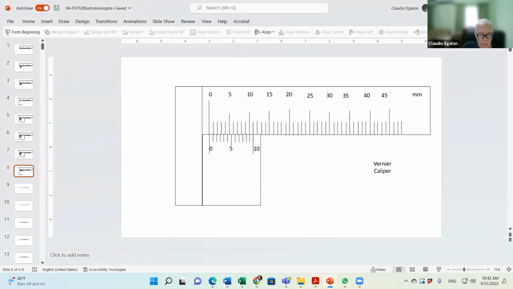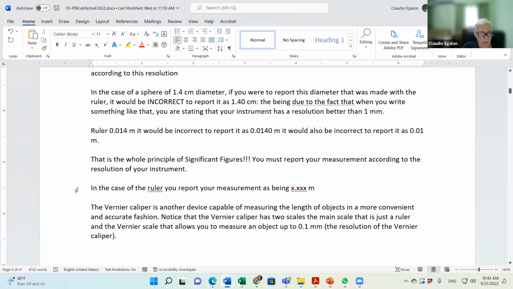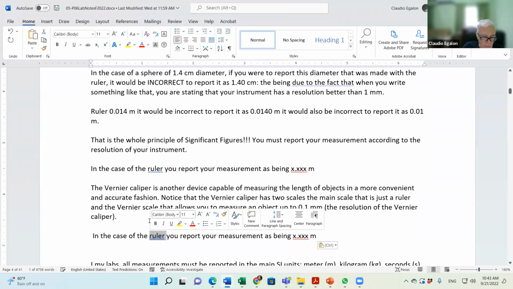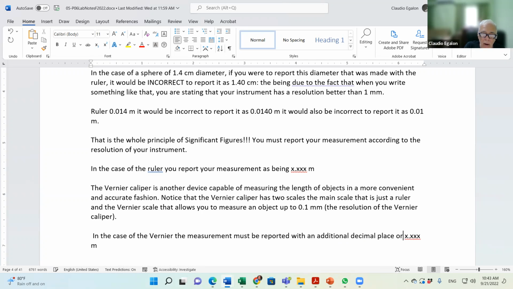Because the vernier caliper has this resolution of a tenth of a millimeter, the measurement must be reported with an additional decimal place, x.xxx, everything in meters, a tenth of a millimeter.